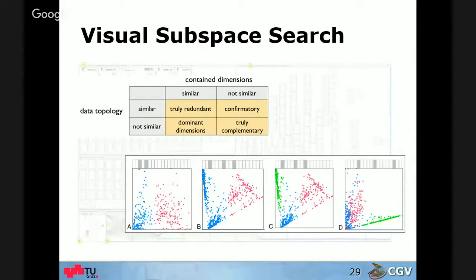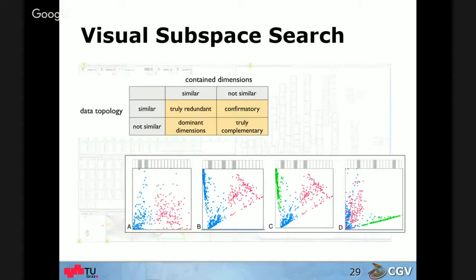For example, because the data topology may be similar, so data points may be similar in two subspaces with respect to their pairwise distances. That could be combined with a search for the subspaces themselves not being similar, with a different number or different types of dimensions.